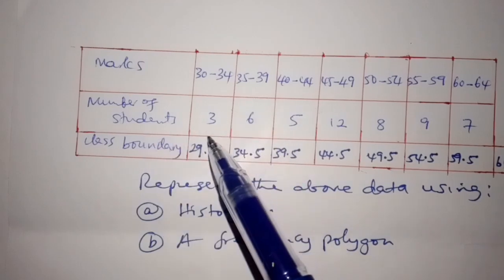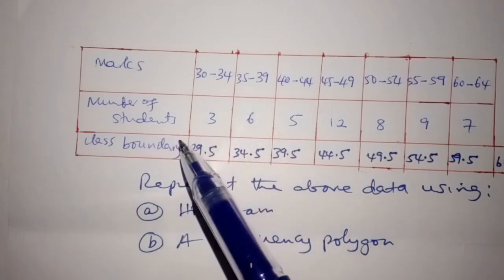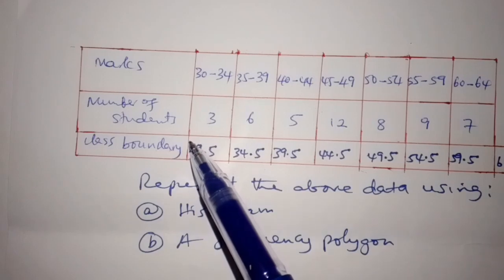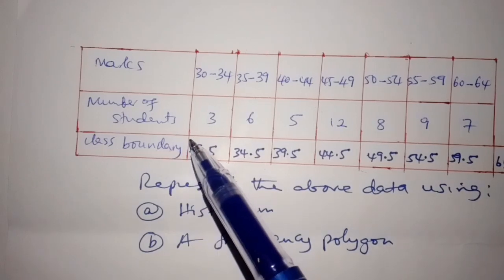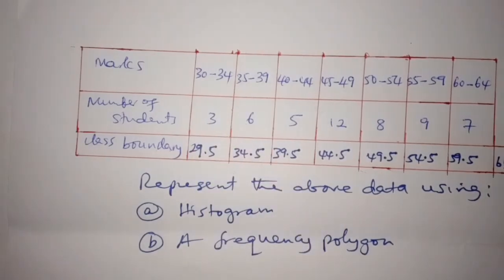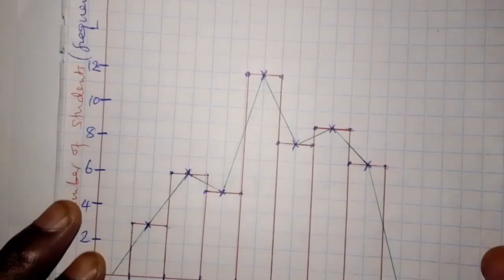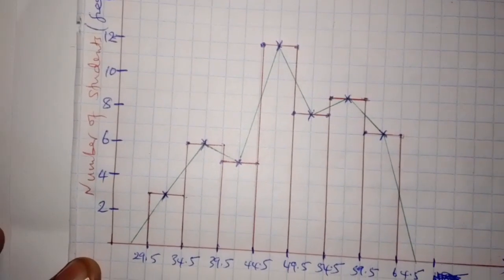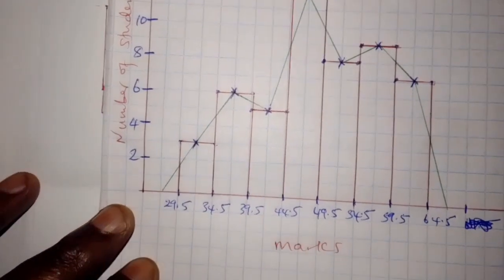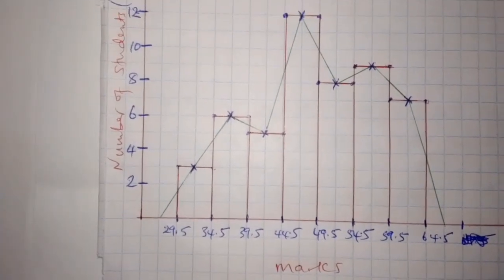Then we complete our drawing for the histogram. Our histogram will be something like this one here.